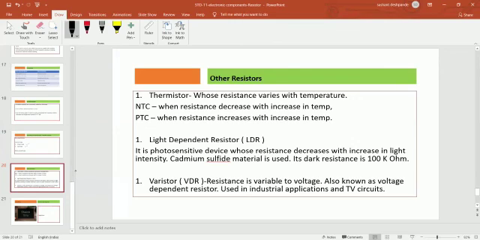Its dark resistance is 100 kilo ohm, and as the light intensity increases, the resistance decreases. And the last type of resistor is the varistor. Its resistance varies with voltage, so it is also known as a voltage dependent resistor. They are used in industrial applications and TV circuits.